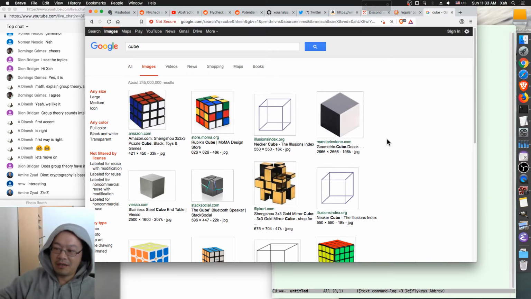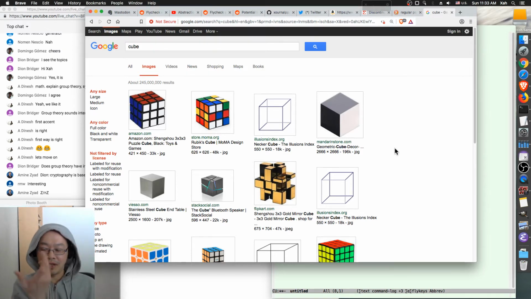So the cube has many symmetries. You have planes, and you also have rotational symmetry. That means you take this cube, you rotate it 90 degrees, it's again the same thing. And you can rotate it again, that's the same thing. So you got 90-degree rotational symmetry over one axis, and you also got 180-degree rotational symmetry.